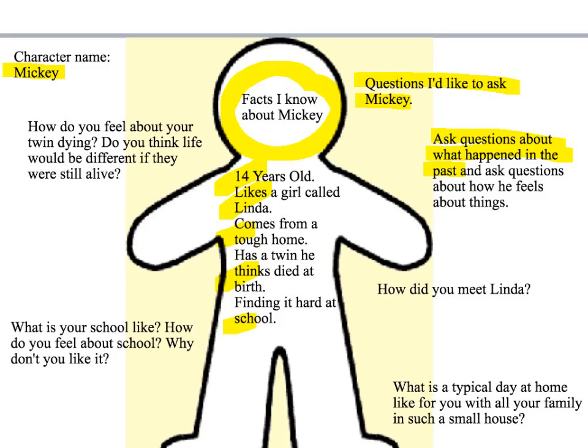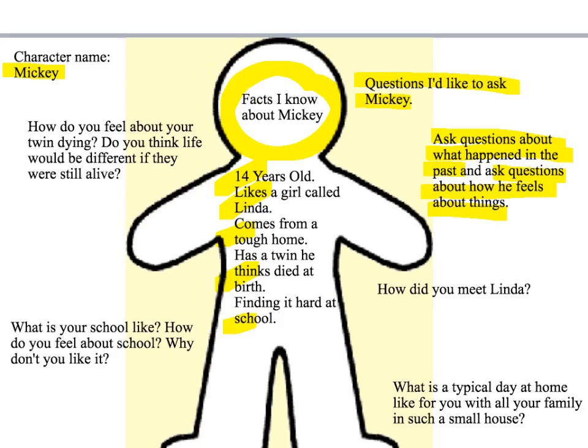Something we also don't know is how that character feels about the actions that are taking place. So when you're thinking about what questions to ask, think about asking questions about the past, and ask questions about how the character feels about an event.